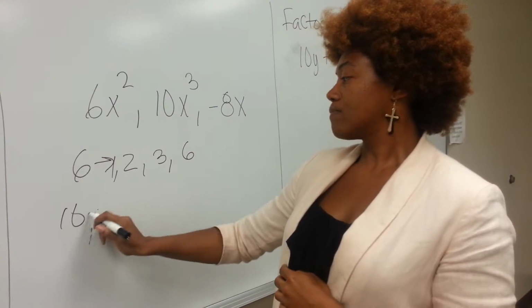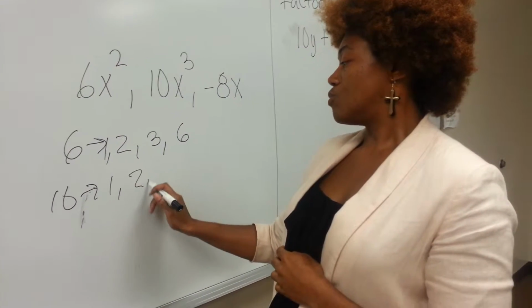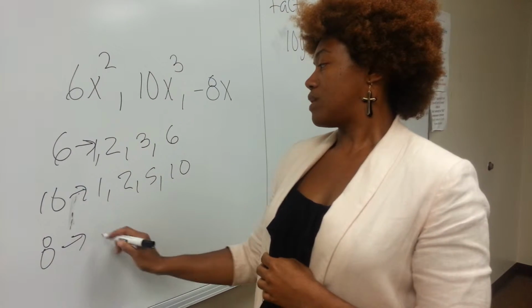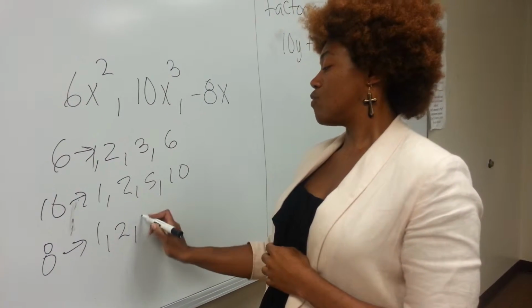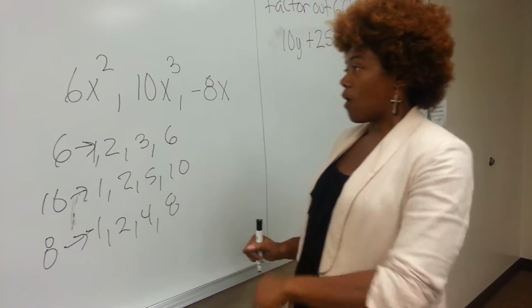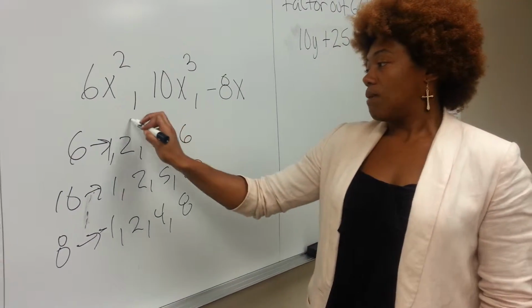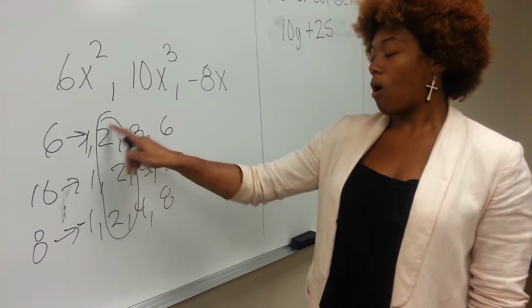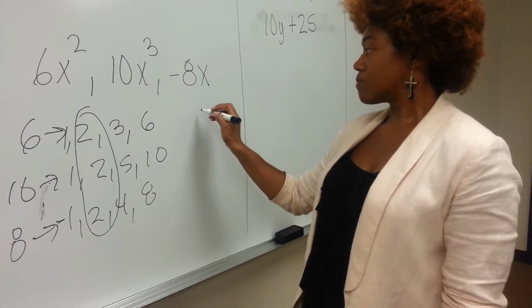That would be 1, 2, 5, 10. What are my factors of 8? That would be 1, 2, 4, 8, and it was negative, right? So, along with the numbers, 2 is my greatest common factor that's in all 3 terms.